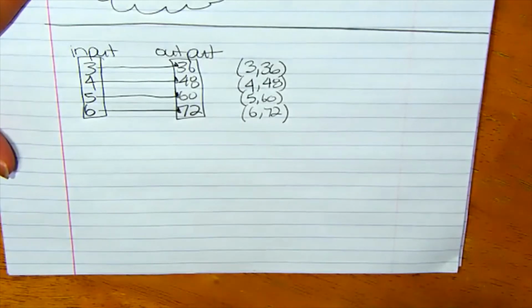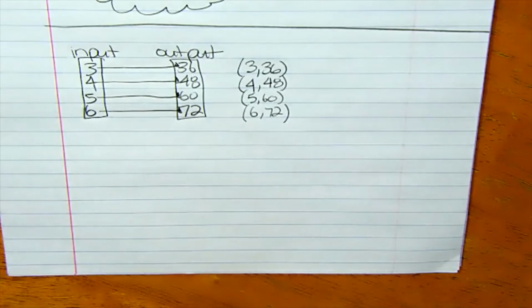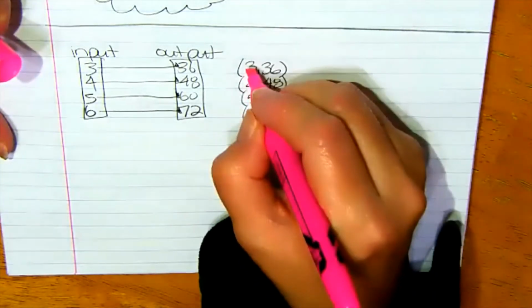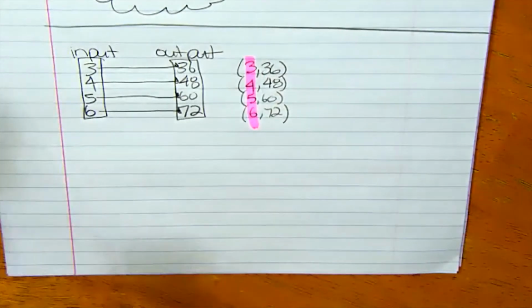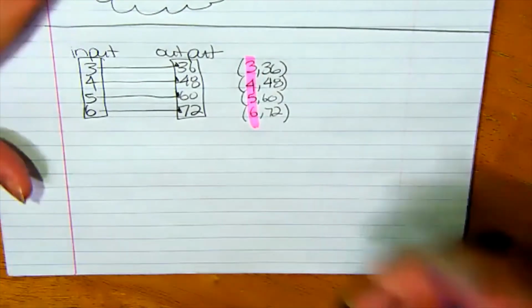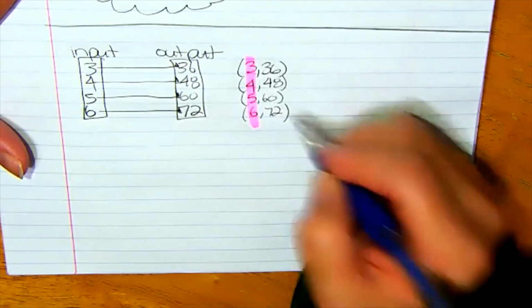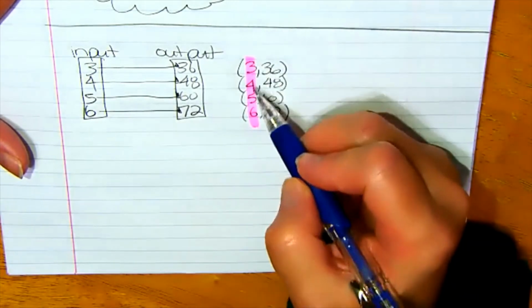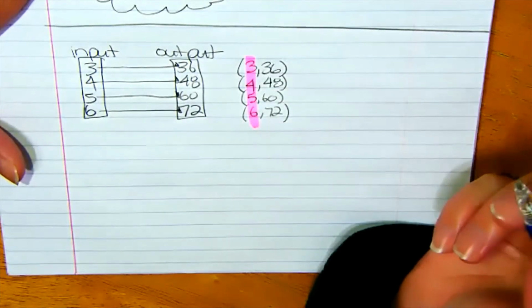Okay, now we want to know, is this relation a function or not? So I'm going to look at all of my inputs, because in a function, each input has only one output. So do I have any repeating or duplicate inputs?